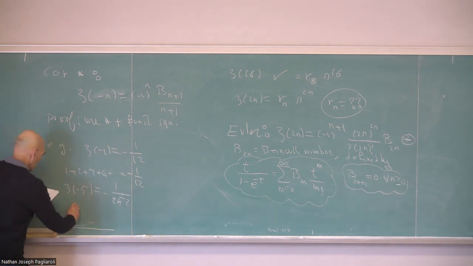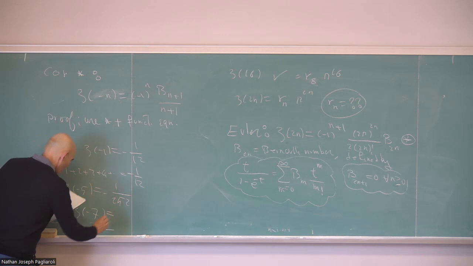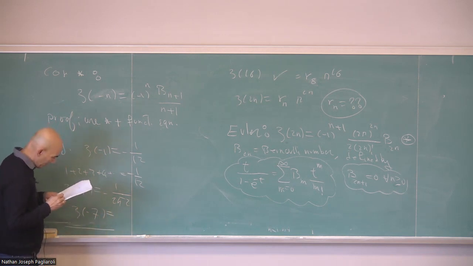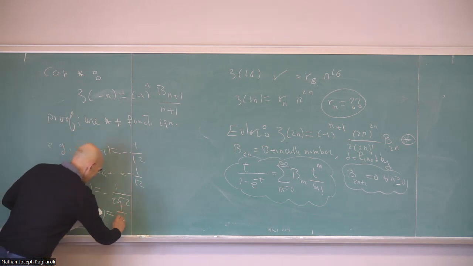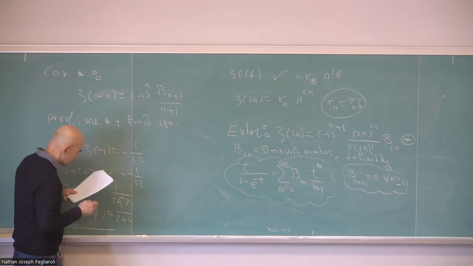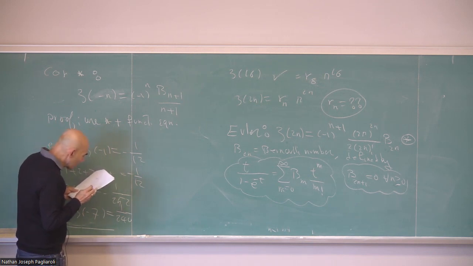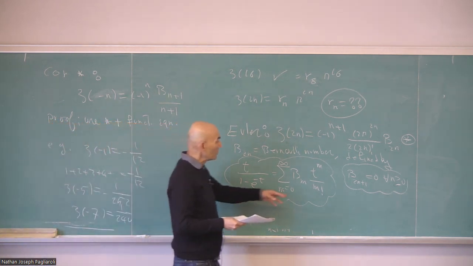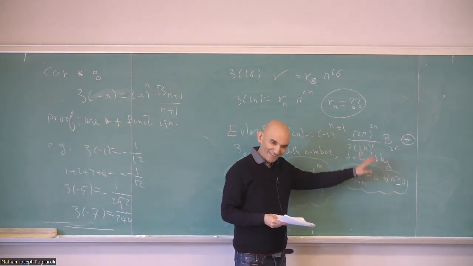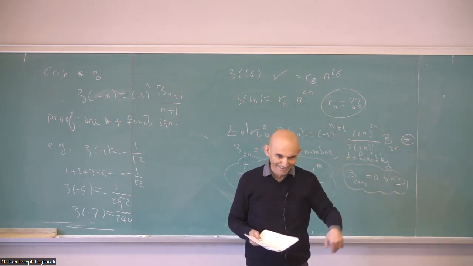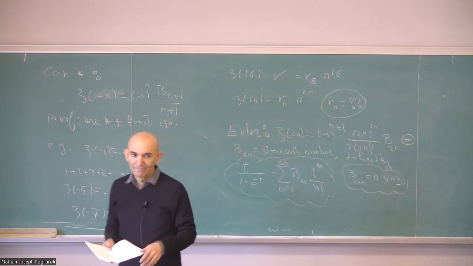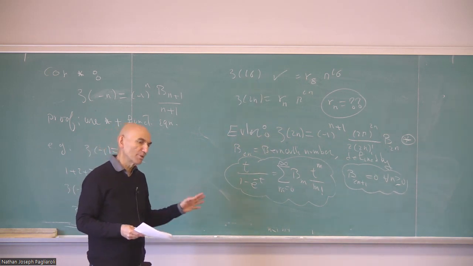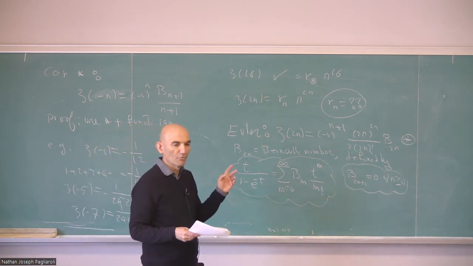Zeta of -7. Those poor undergrads who suffer through all these exams, they enjoy this. 1 over 240. No, this is positive. Yeah, this is a good point. Bernoulli numbers oscillate between positive and negative. They are kind of wild. The only regularity is that odd Bernoullis are 0 beyond B1. B1 is not 0.